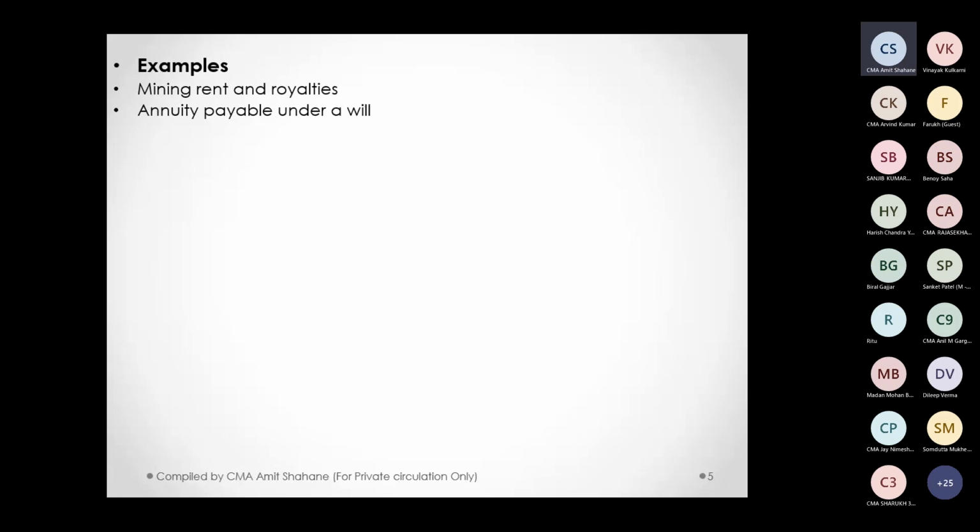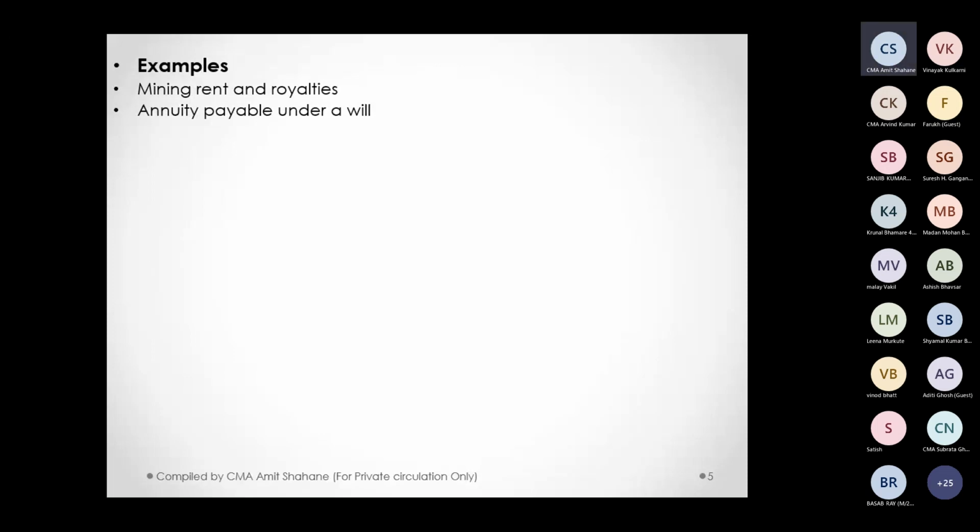Yeah, the first point is actually a repetition. Annuity payable under a will. Now, many times, whenever a will is made, suppose, for example, I donate a property to some NGO and I put a condition in that will that every month you will pay, say, 20,000 rupees to my son as a kind of annuity.